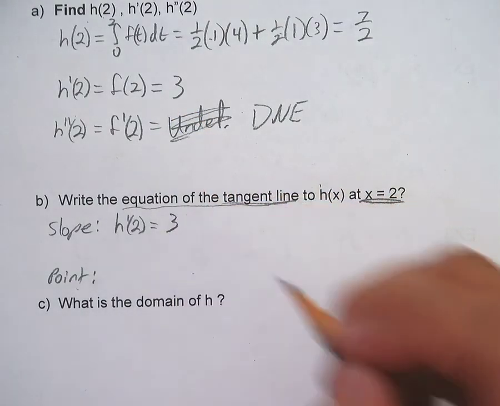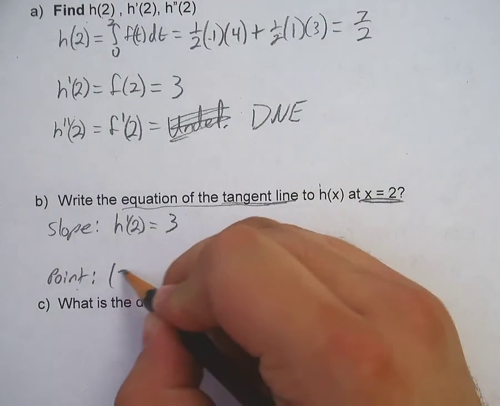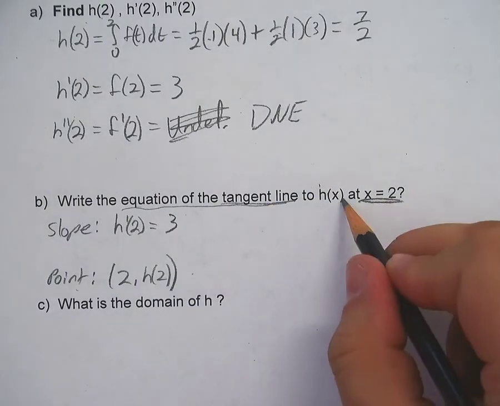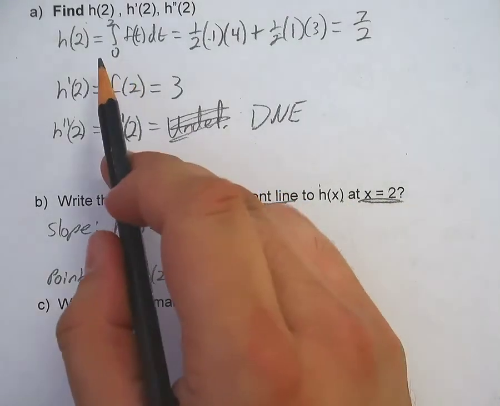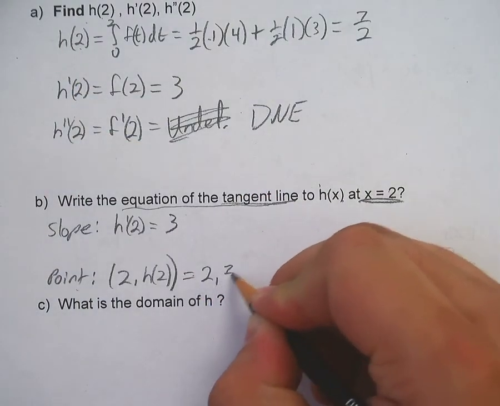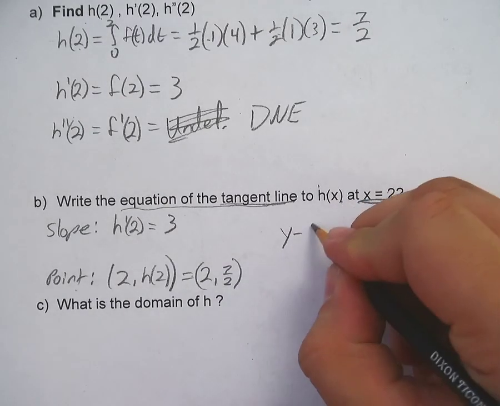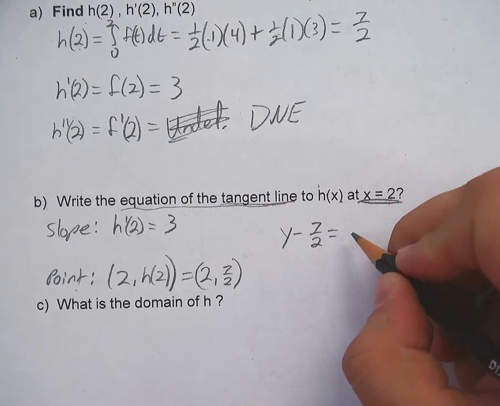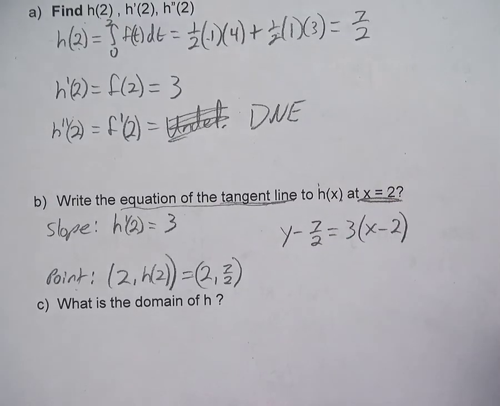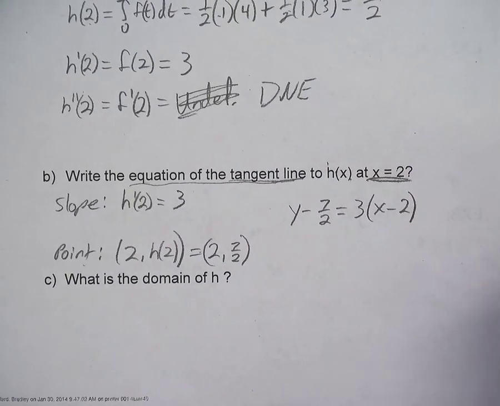That's 3. Oh my gosh. And then if you plug in 2, your point is going to be 2 comma h of 2, right? Plugging a 2 into x. What? We already figured that out too. 7 halves. That's 2 comma 7 halves. Oh, this thing is building itself. Y minus y1 equals m times x minus x1. Calculus. You've done it again.